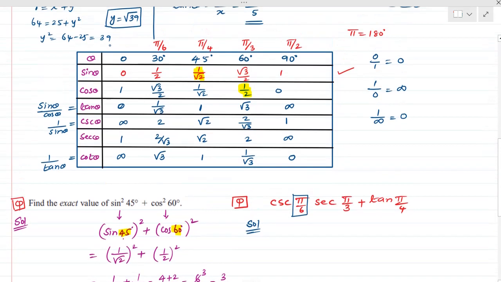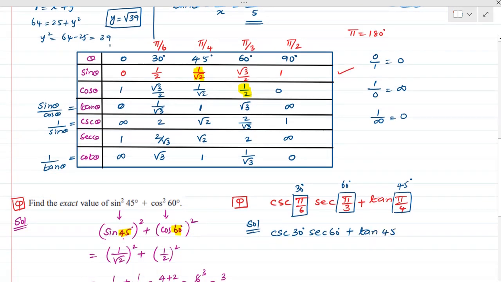Pi over 6 is 30 degrees, pi over 3 is 60 degrees, and pi over 4 is 45 degrees. Once converted to degrees, it is very easy. So I can write cosecant 30 degree, secant 60 degree plus tan 45 degree.